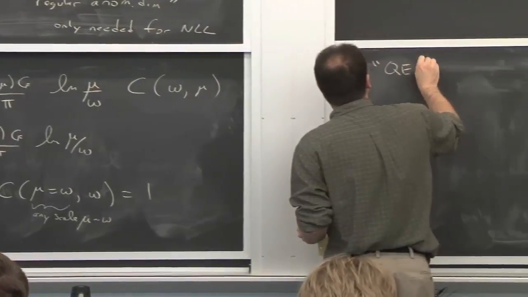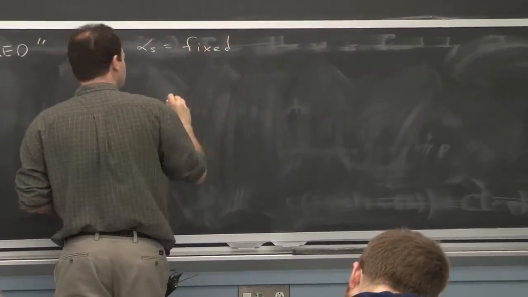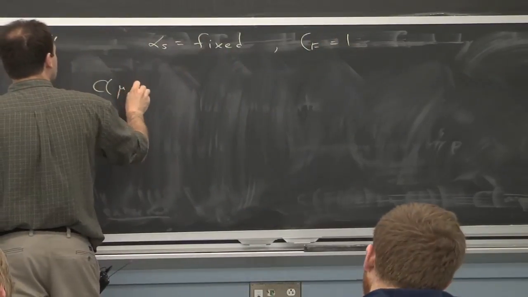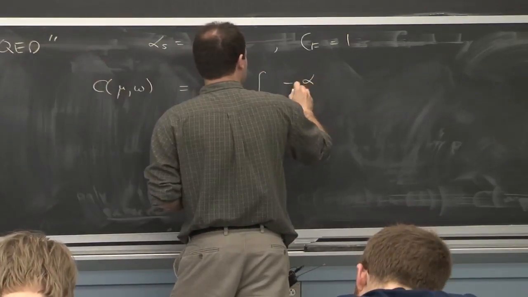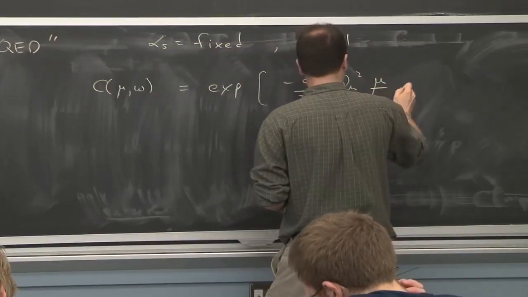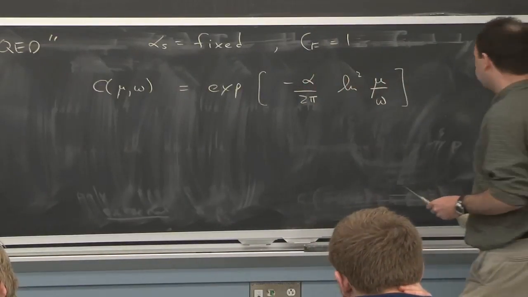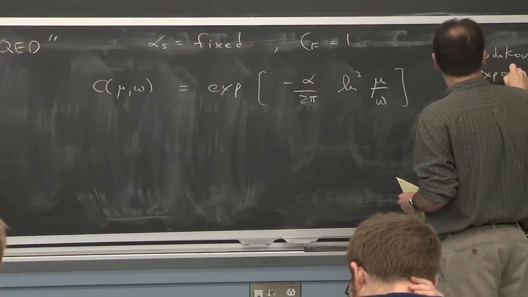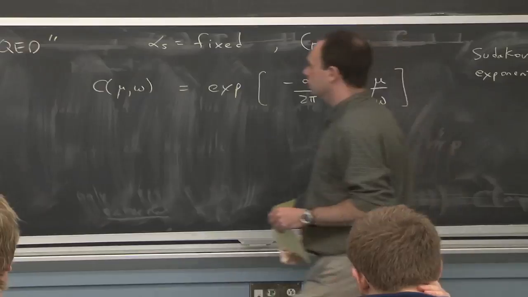So QED with alpha fixed, you can take CF to be 1. When you take the exponential of what I just said, then this is your result for the Wilson coefficient. And this is what's known as a Sudakov exponential, the leading log Wilson coefficient.